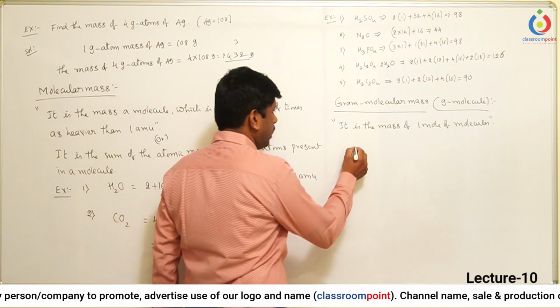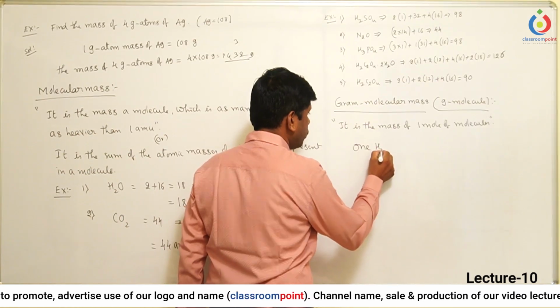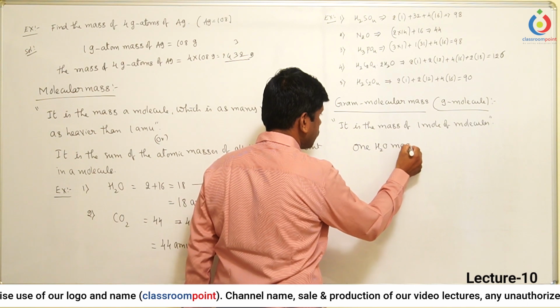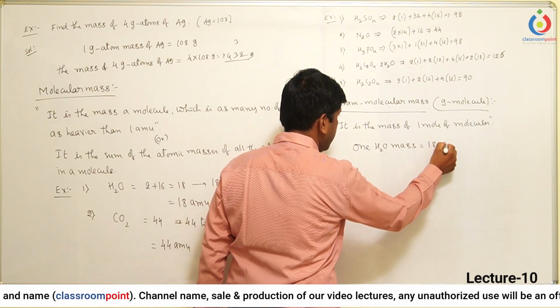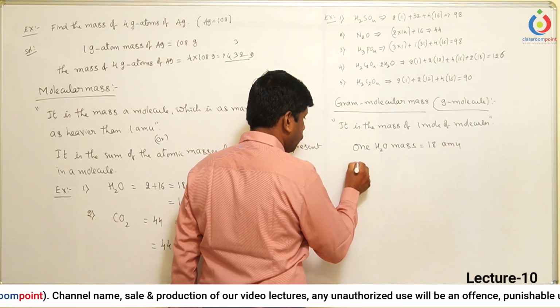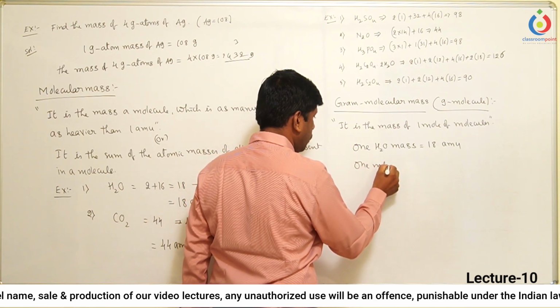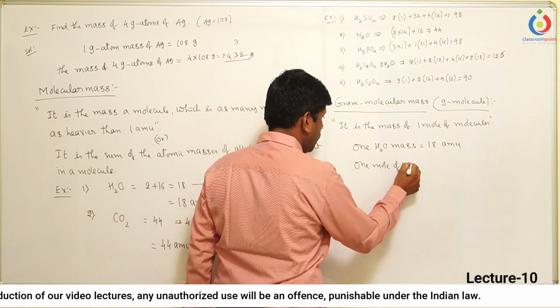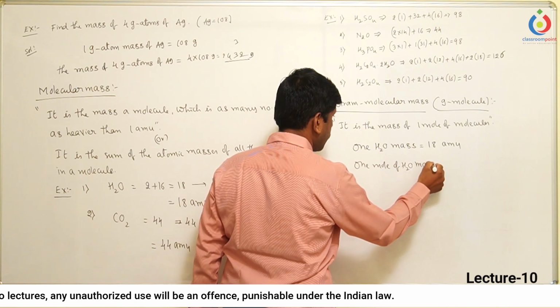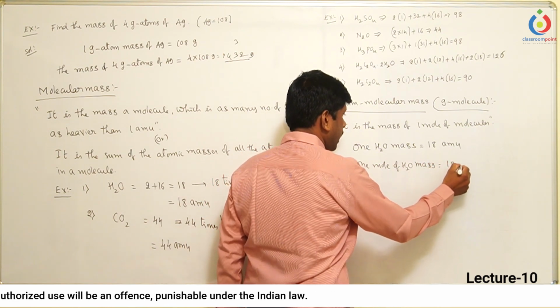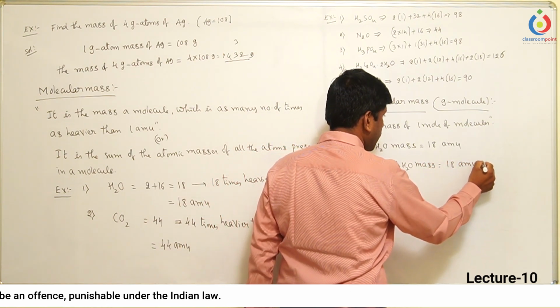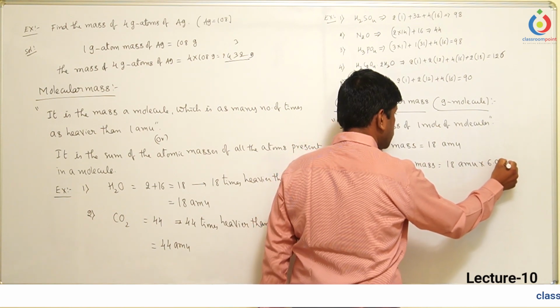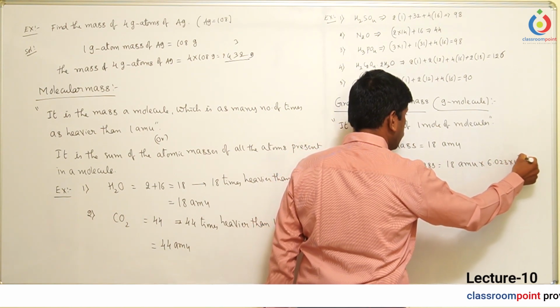1 H2O molecular mass, 1 H2O mass is how much? 18 AMU we have taken. Then 1 mole of H2O molecules mass is equal to 18 AMU into 1 mole. 1 mole means 6.023 into 10 power 23.